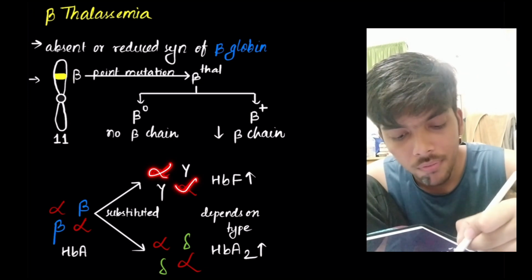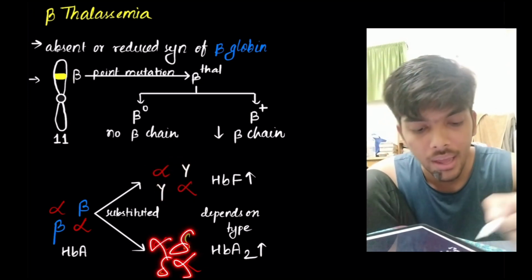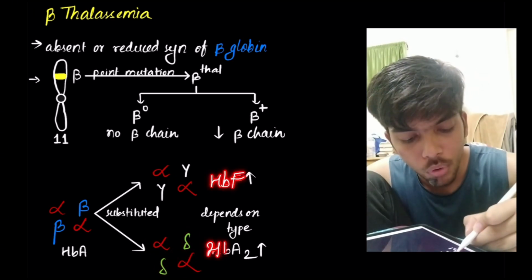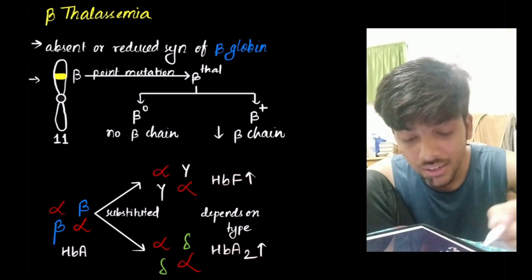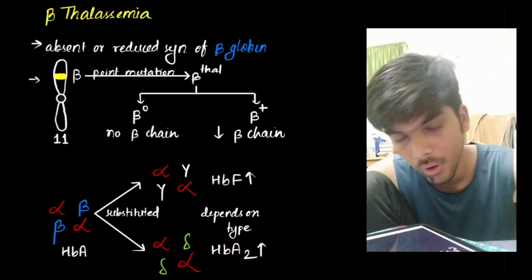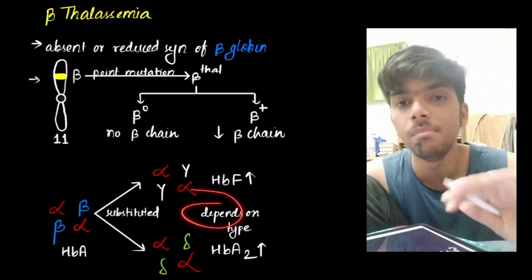So you can have 2 alpha and 2 gamma or 2 alpha and 2 delta. So you can either have hemoglobin F or hemoglobin A2. As a result, the percentage of fetal hemoglobin and minor hemoglobin increases in blood. Now, which increases by how much percentage depends on the type of beta-thalassemia.